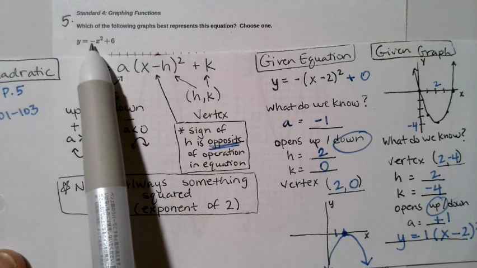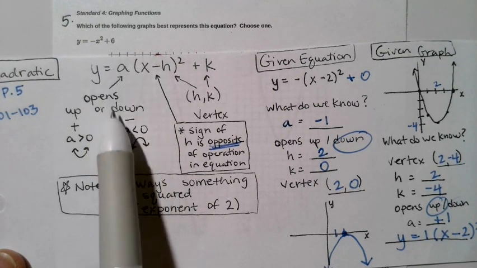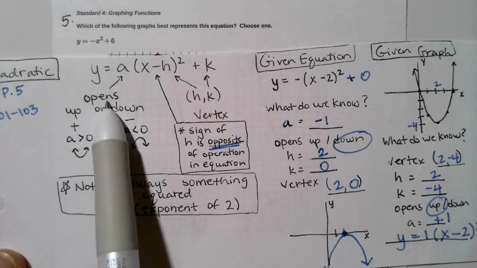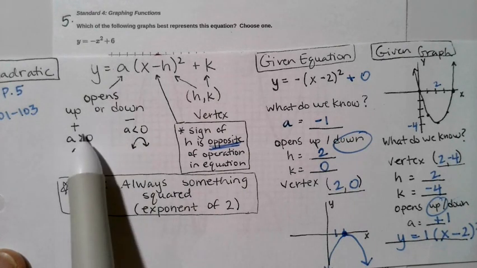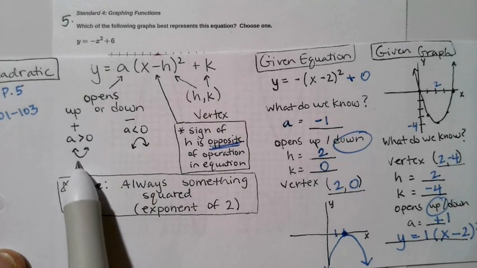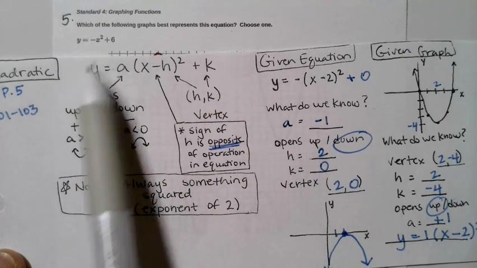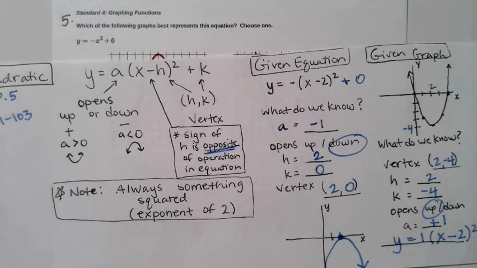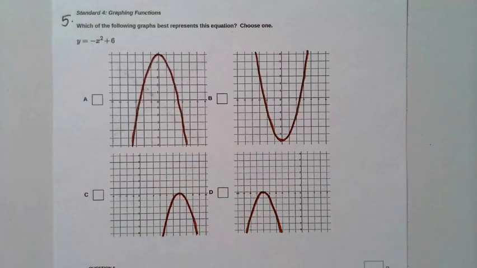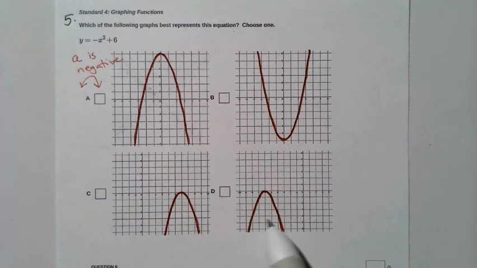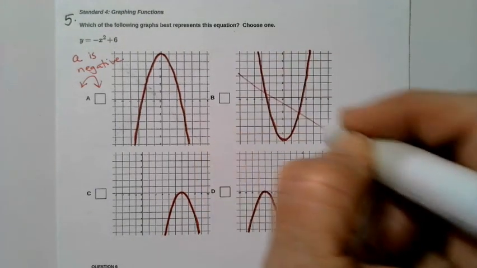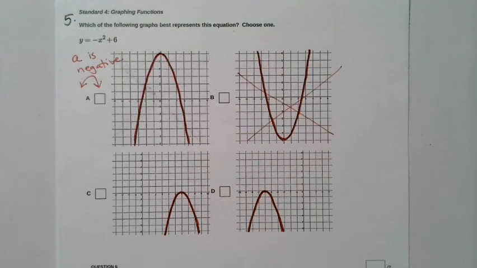I see that I have a negative out in front, and that goes with my a value. The a value tells you whether you open up or down. If it's positive, it's opening up, and if it's negative, it's opening down. So I can see that my a value is negative. I have 3 graphs that are opening down, and 1 that's opening up, so I can cross off the one that's opening up.